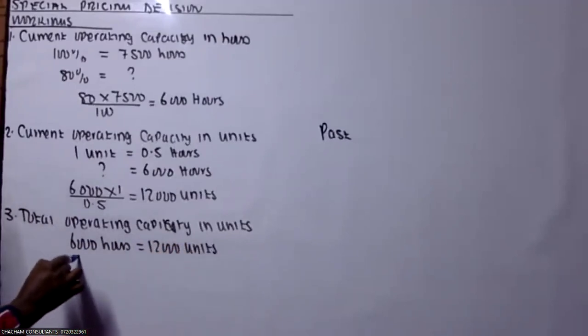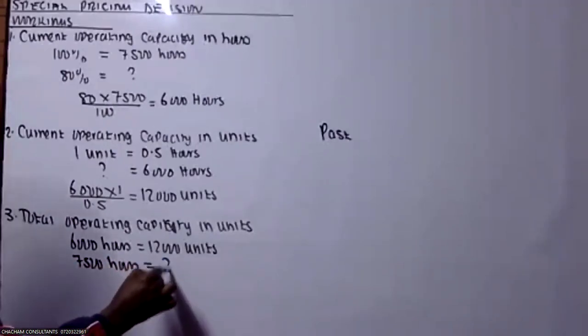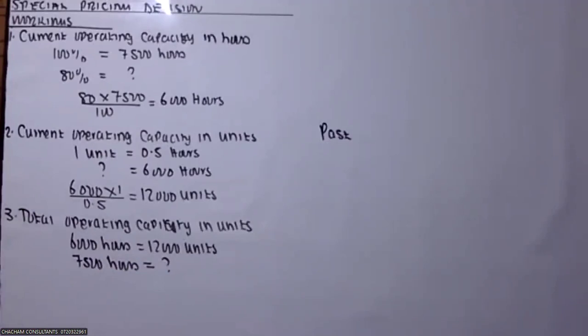So at total capacity we have 7,500 hours, how many units can we afford?